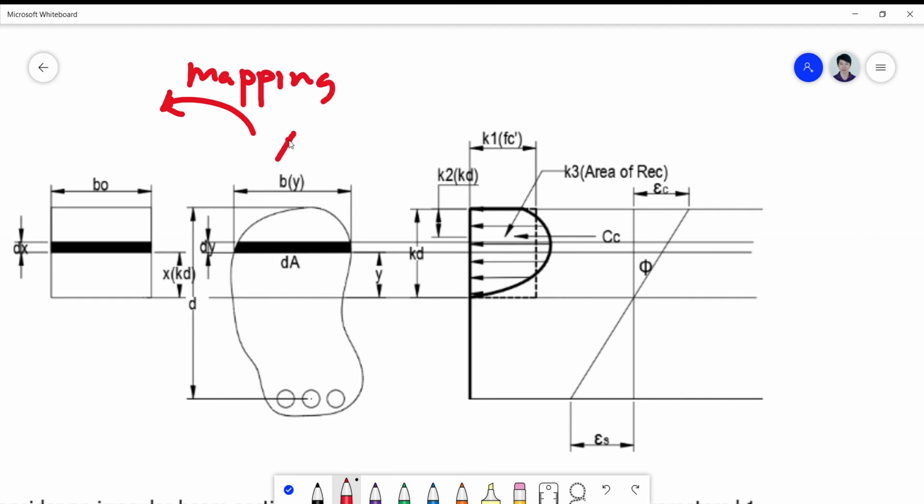So this is the actual coordinates in your finite element or continuum mechanics. This is the actual coordinate or the actual section, and this is called the natural coordinate. A natural coordinate is a coordinate of choice that you use in order to facilitate your computation.